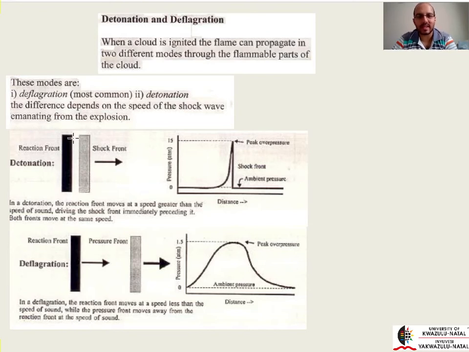So for a detonation, upon ignition, the reaction propagates faster than the speed of sound. And because it's propagating faster than the speed of sound, it drives a shock wave. It drives the shock front immediately before it. And that is why a detonation can be highly violent.